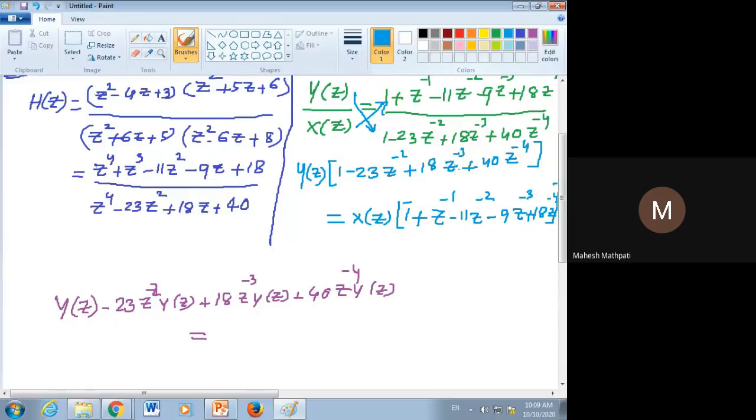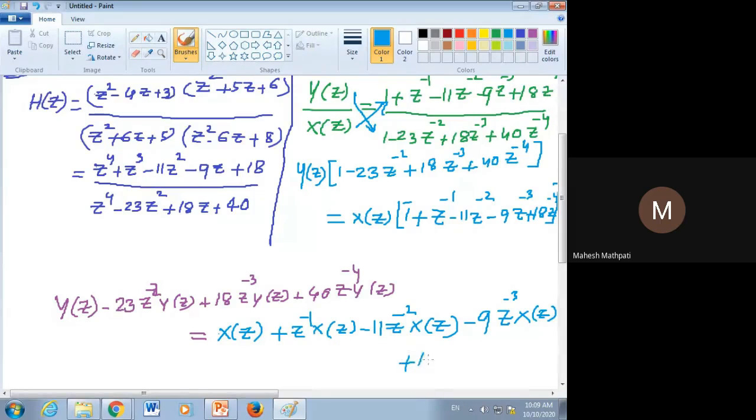now input part we can write it as, क्या लिख सकते हैं यहाँ पे, X of Z plus Z inverse into X of Z minus 11 Z power minus 2 into X of Z minus 9 Z cube, that is minus 3 into X of Z, then plus 18 Z to the power minus 4 into X of Z. ठीक है?